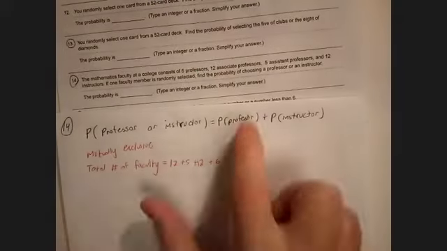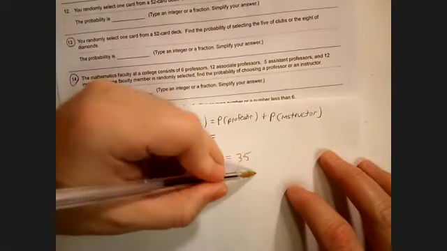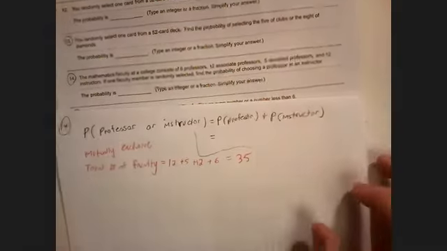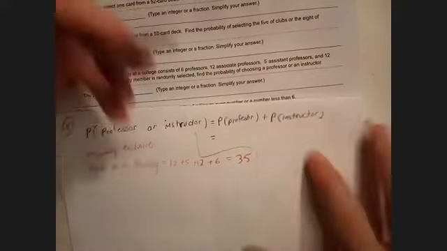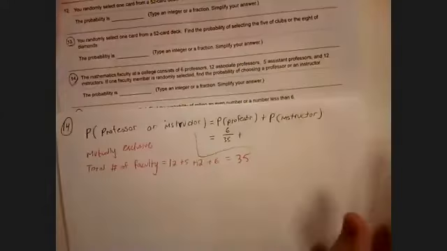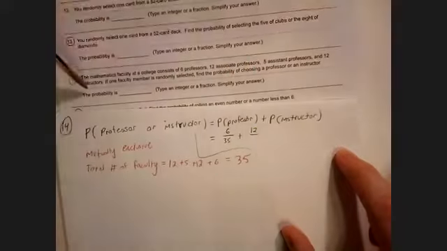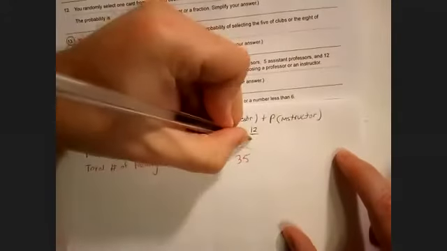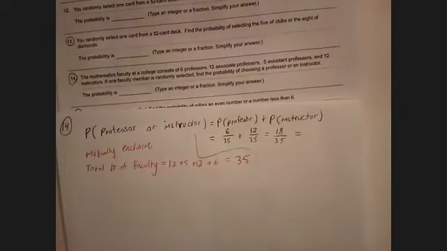Now, the probability of a professor, well, there's 6 professors. Okay, so 6 over 35. The probability of an instructor is 12 over 35. So we have a total of 18 over 35. And does this reduce? They're both divisible by 3?